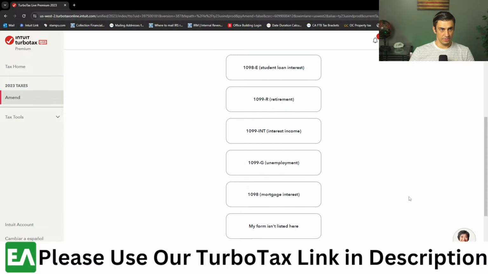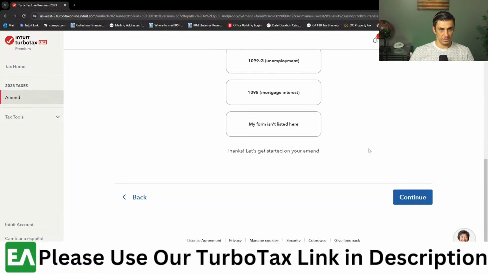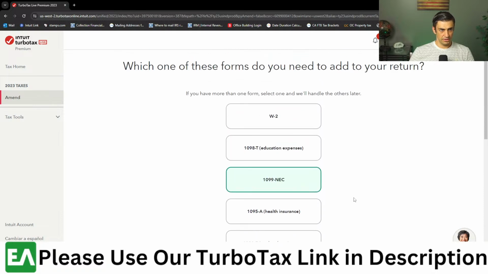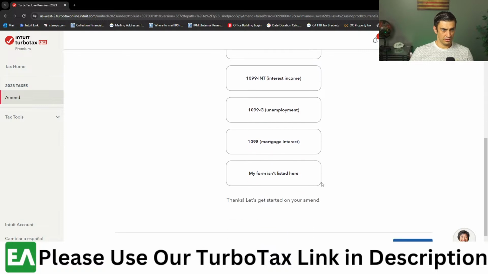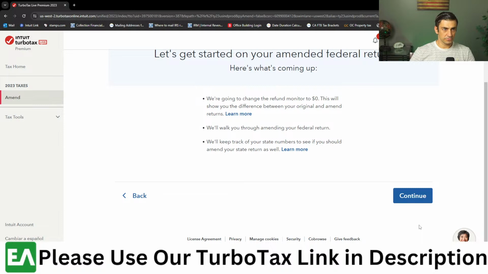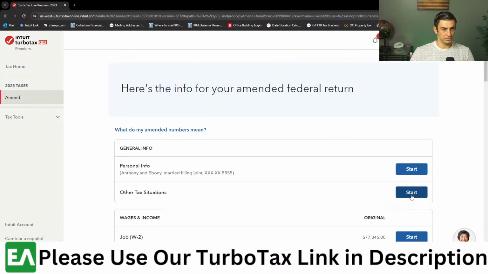Adding, okay, continue. We can just do like a 1099 any. I think Cash App does like a 1099-K, right? The form isn't listed here. Continue. Okay.